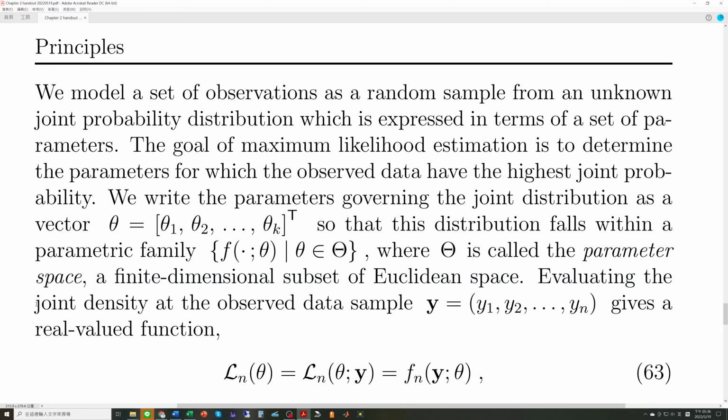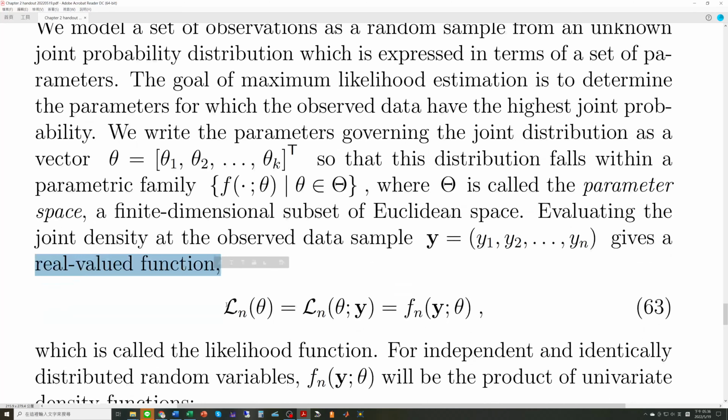Evaluating the joint density at the observed data sample, y is equal to y1, y2 to yn, so there are totally n data, gives a real valued function.